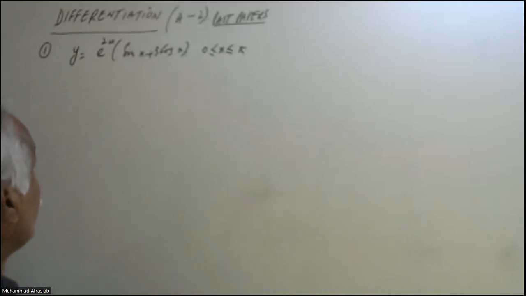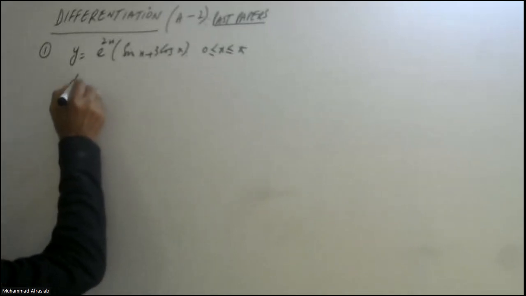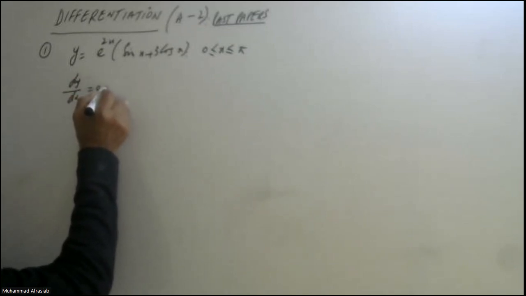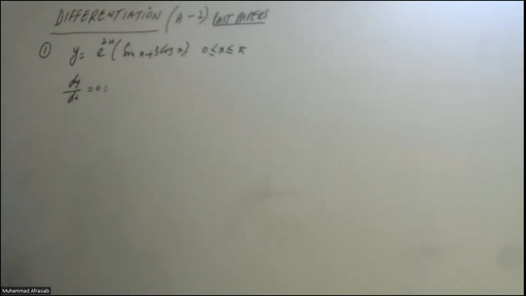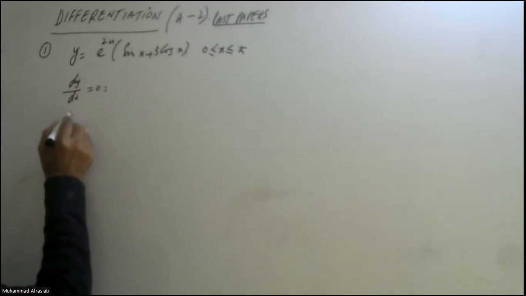Since this is the equation in which we are going to find out the stationary points, we know that for the stationary points, dy by dx is equal to 0, and you will get the x coordinate of the points from this equation. So first we will find dy by dx for this.